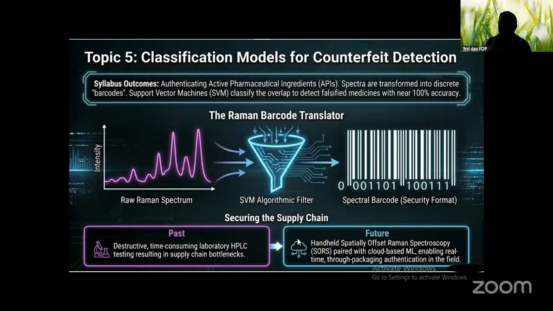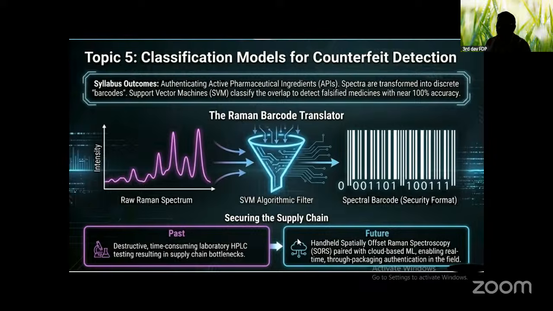What is the outcome of the syllabus? Authenticating API. Spectra are transformed into discrete barcodes, and support vector machines classify the overlap to detect falsified medicines with near 100% accuracy.